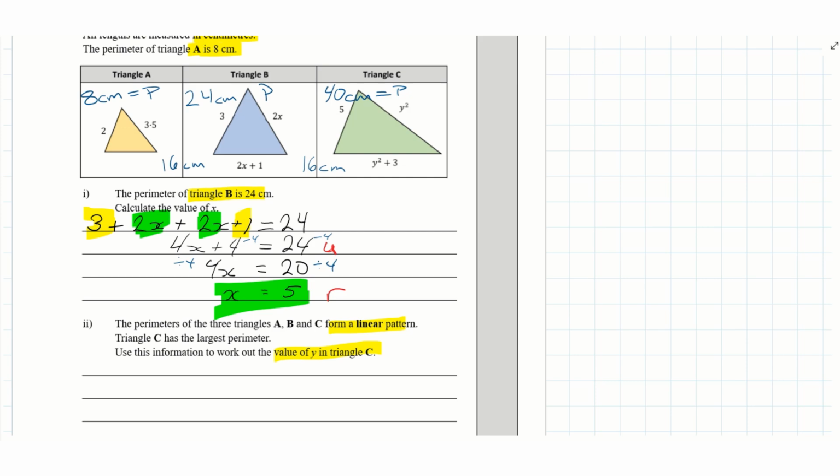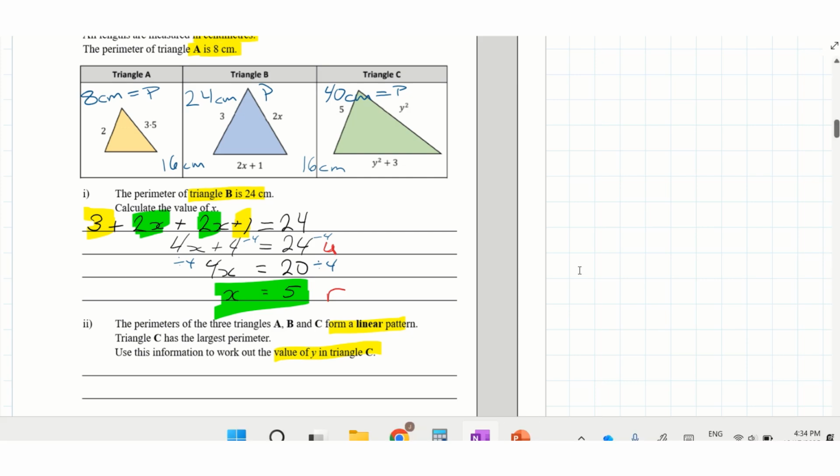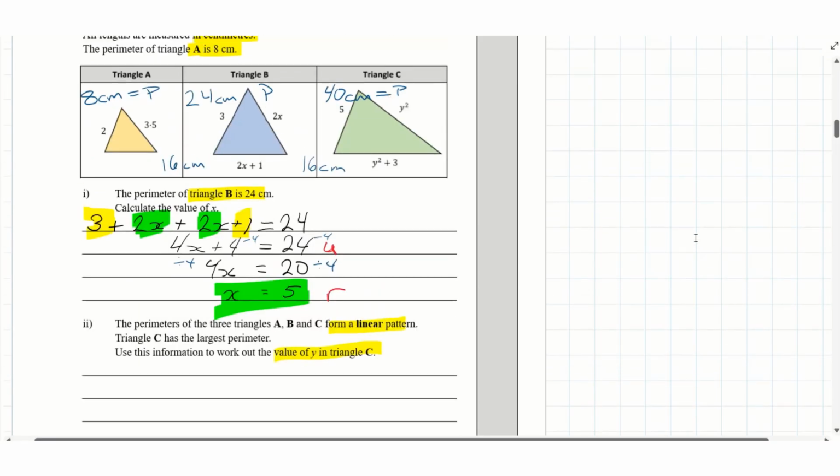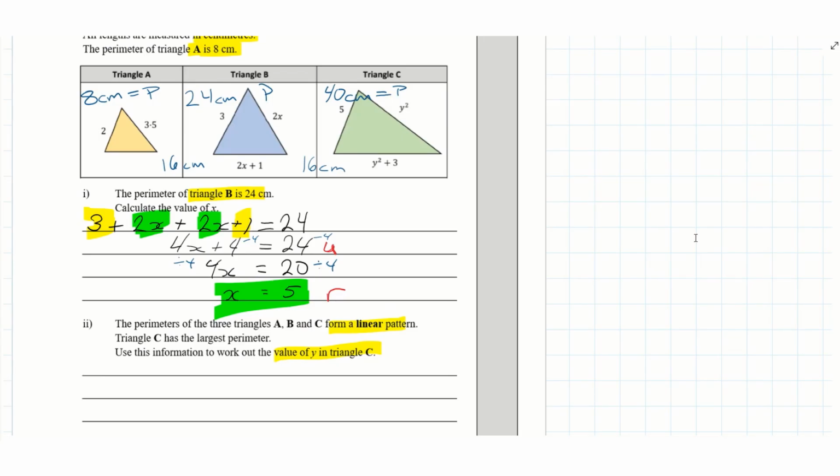We are going to do exactly the same process that we did last time. All of these sides added together give me the total perimeter, which in this case is 40 centimeters.